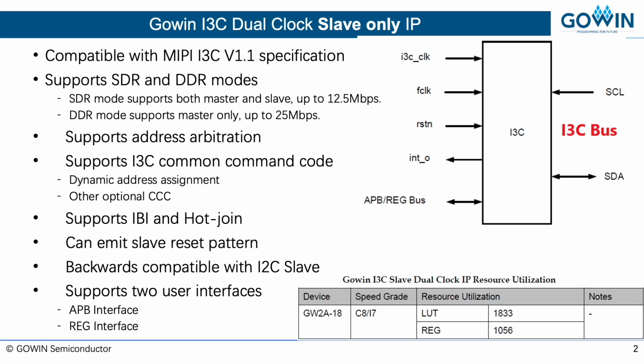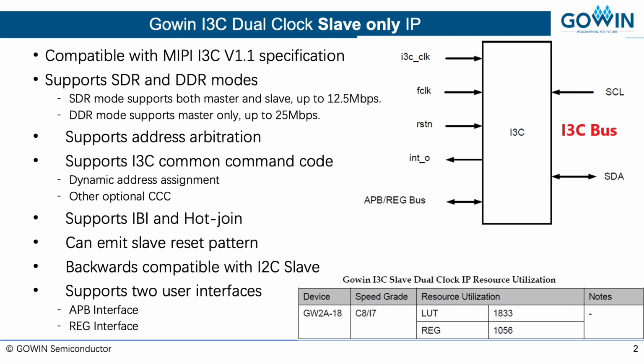The last of the GOWIN I3C IPs we will be discussing today is the I3C dual clock slave only IP. This IP is pretty much the I3C dual clock master slave combo IP with master functionality disabled in it. Since this is a dual clock IP, we have two clocks, FCLK and I3C_CLK going into the IP.